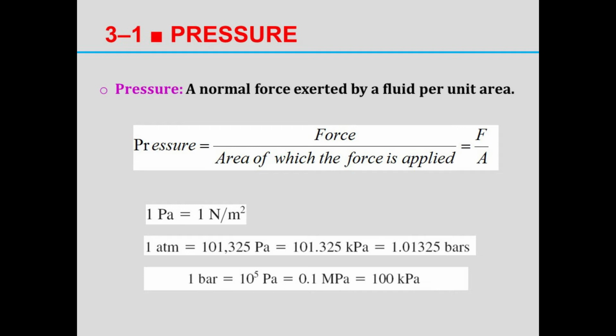It is because the bar is the nearest unit to room pressure, which is also called 1 atmosphere. With this bar unit, it is easy for engineers especially to imagine the pressure. As an example, if the pressure is 100 bar, an engineer can easily imagine the pressure is 100 times the atmospheric pressure.